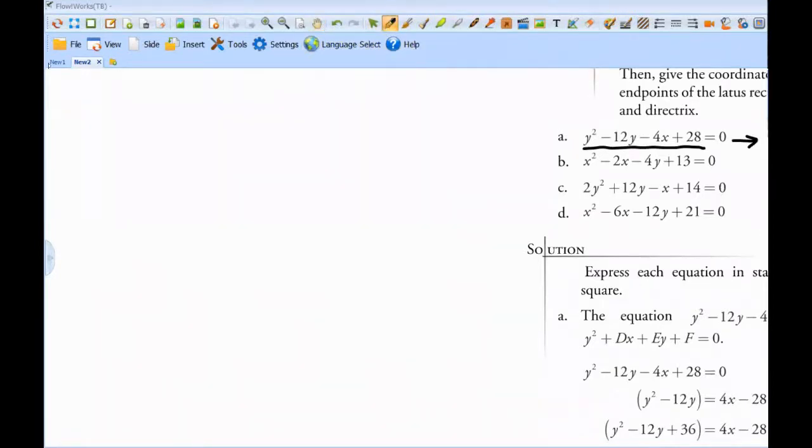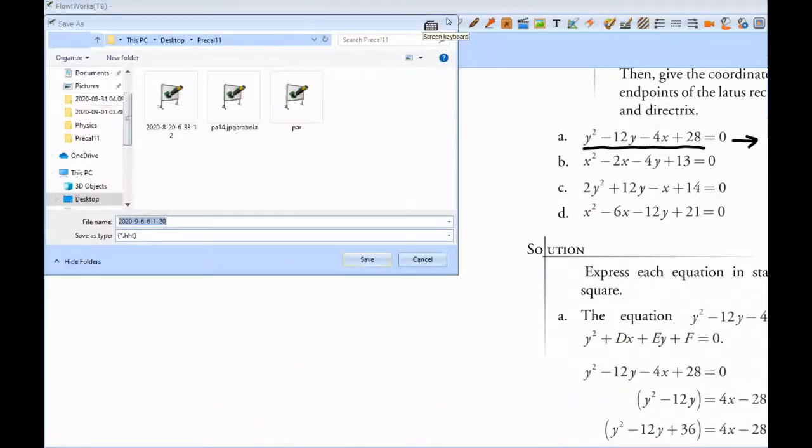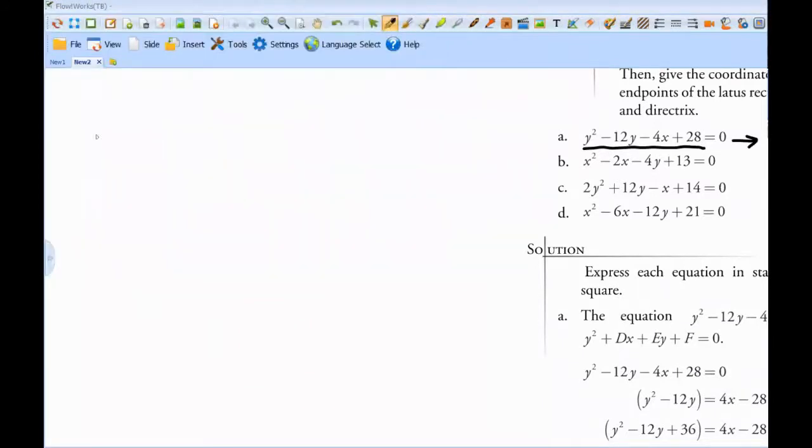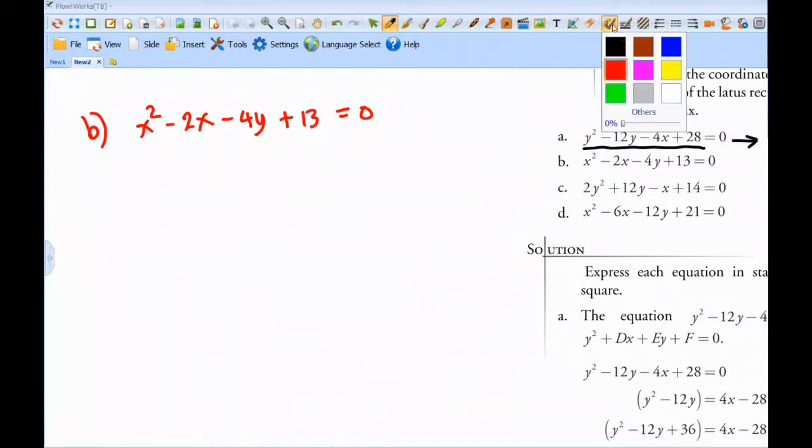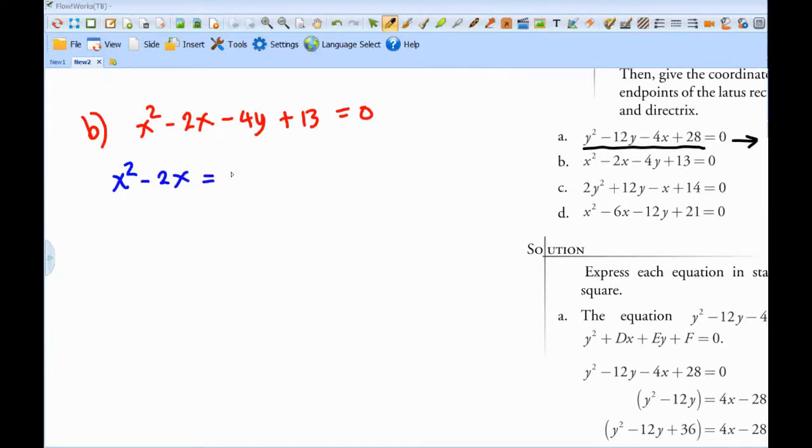So let us do letter B. Letter B is x squared minus 2x minus 4y plus 13 equals 0. So let us combine like terms and complete the square. I have here x squared minus 2x is equal to 4y minus 13, right?